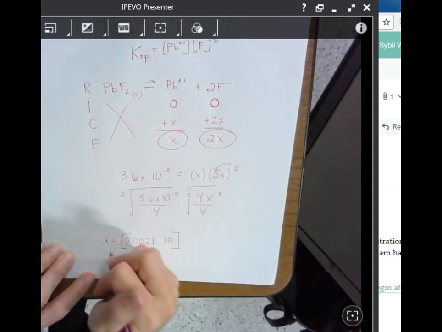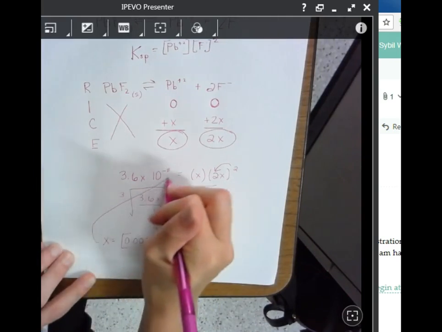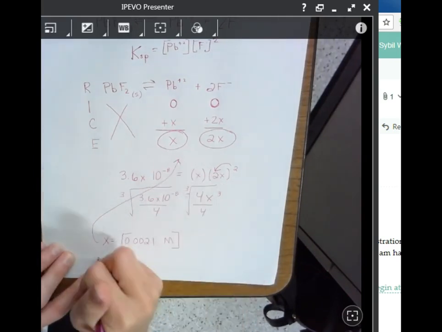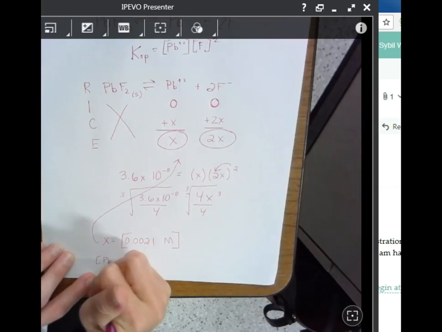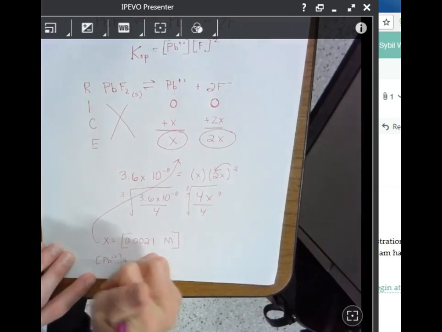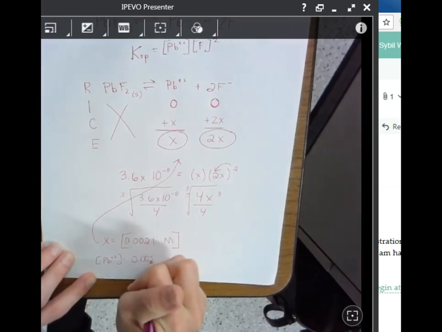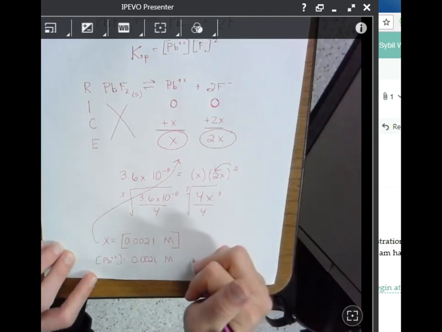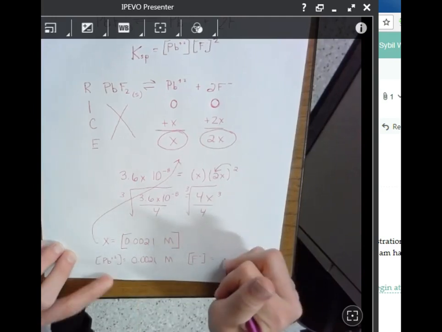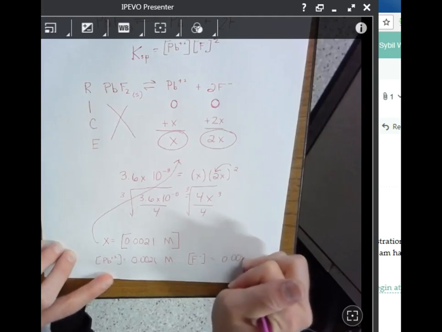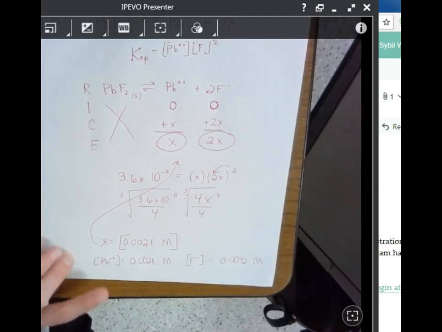Now x is equal to, if we look back up here, my lead concentration. So I can say that the lead concentration is 0.0021 molarity, but the fluoride concentration is 2x. So that's going to be 0.0042 molarity.